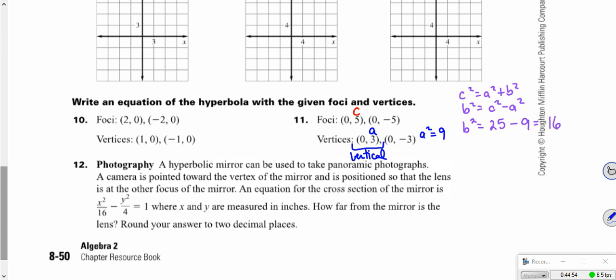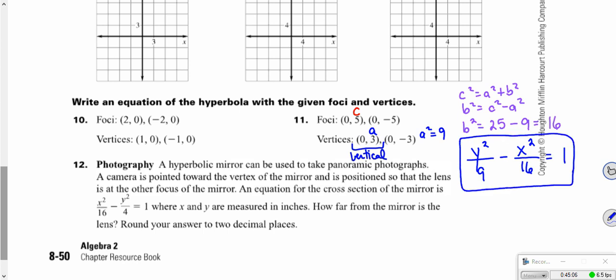So that means my equation is going to start with y squared over 9 minus x squared over 16 equals 1. Again, you've got to start with the y squared since we had a vertical transverse axis.